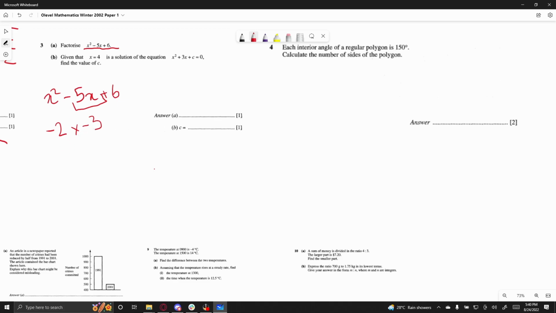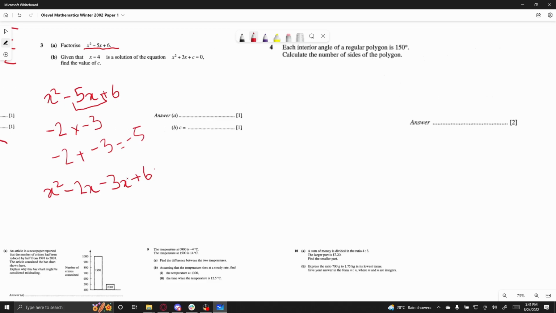And if we add these together, -2 plus -3 equals -5. So we can simply break that middle term and write -2x minus 3x, because if we were to simplify this, adding these together would just make -5x again. And then +6 at the end.